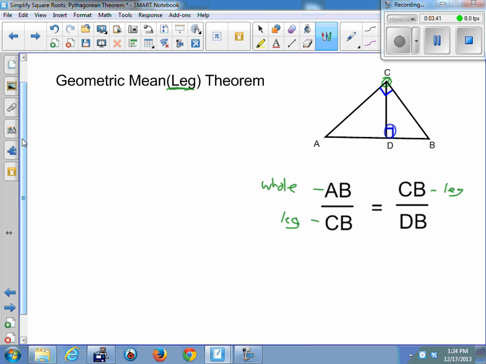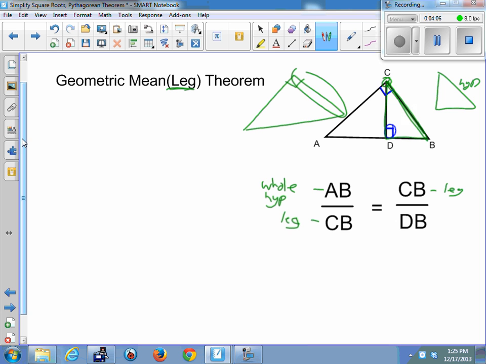It's the leg of this triangle here. So we have the whole thing, which is kind of like the hypotenuse. It is the hypotenuse over a leg equals, and then CB happens to be the hypotenuse of this triangle here. So this is CB, this is the hypotenuse.